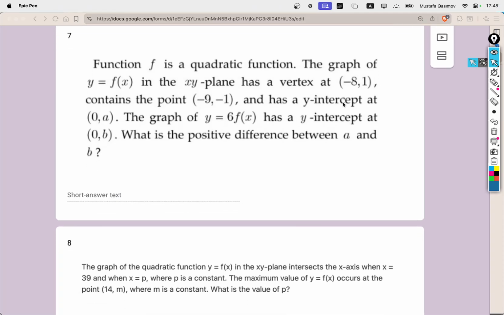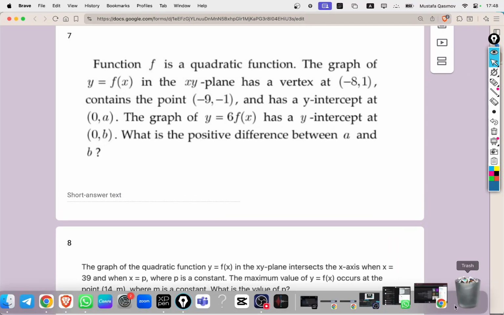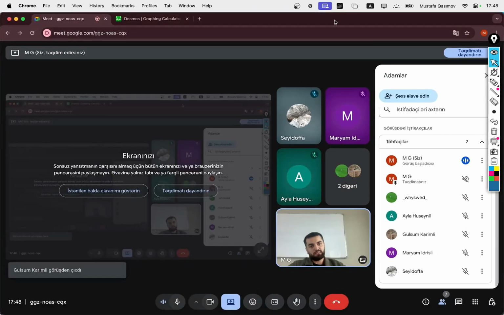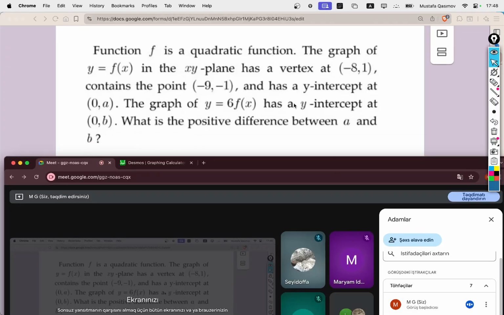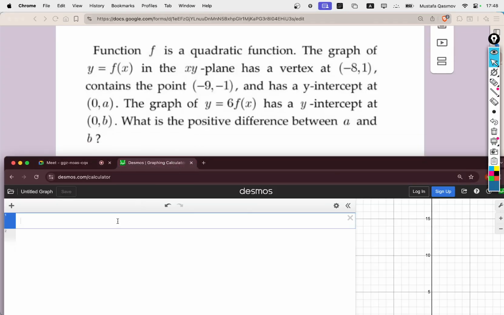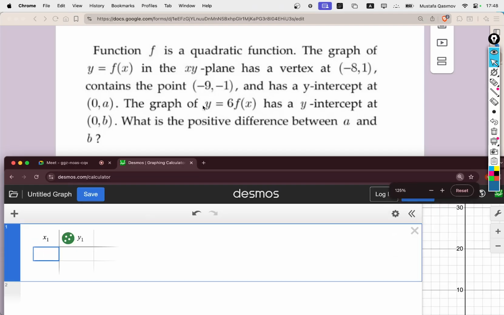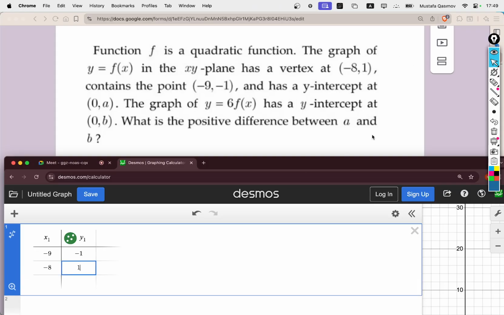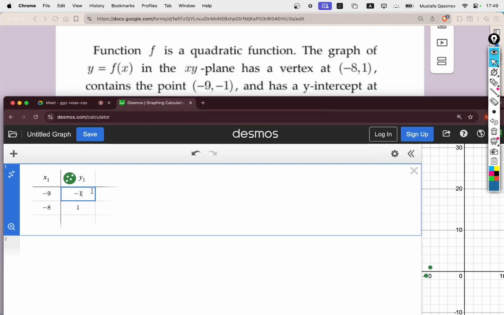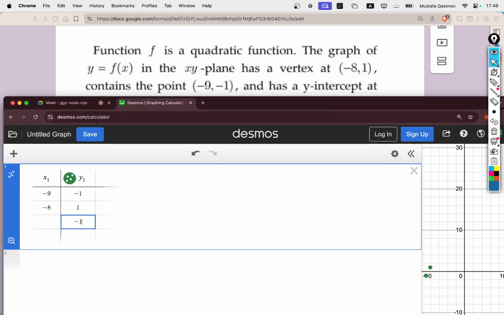Okay, now let's look at the second method, because I don't like that method. Actually, I don't recommend this method. I think the Desmos method is better than this one. Open table. Enter negative 9 and negative 1. Enter vertex in the middle. Then write y exactly here, negative 1.